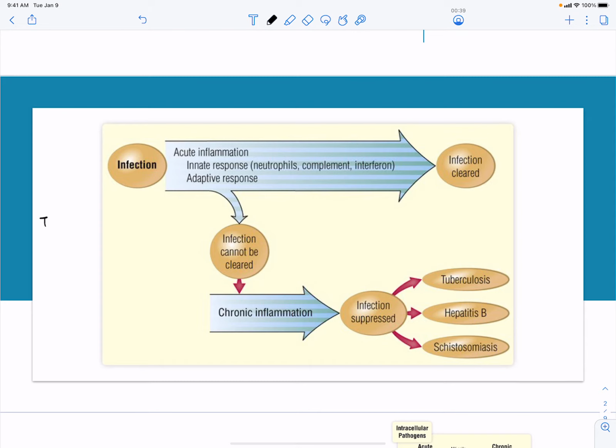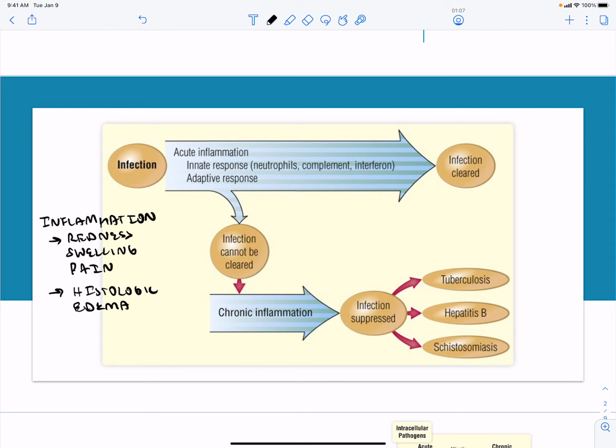So inflammation in general is just simply defined as redness, swelling, and pain. And from a histologic standpoint, it's going to be edema and white blood cell tissue infiltration.